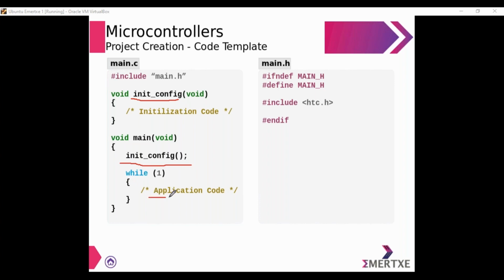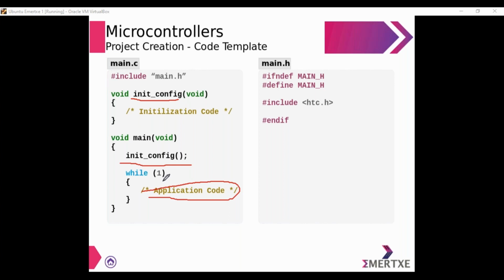And whatever application I want to implement, I will write inside while of one. Because for any embedded system you write, once it starts, will it stop by itself? No, right?